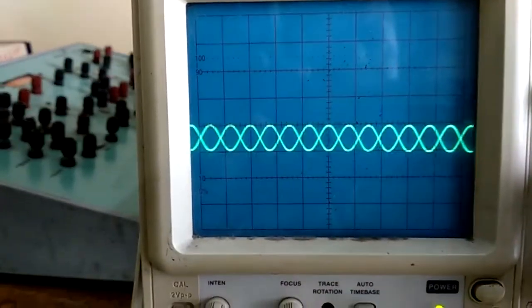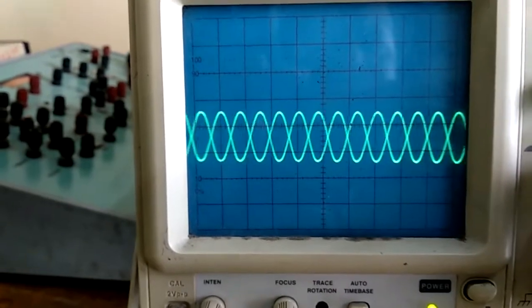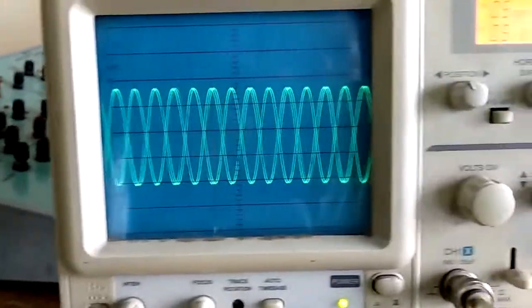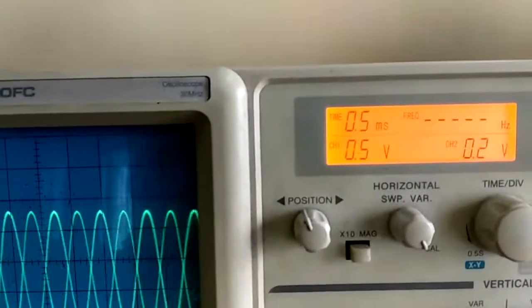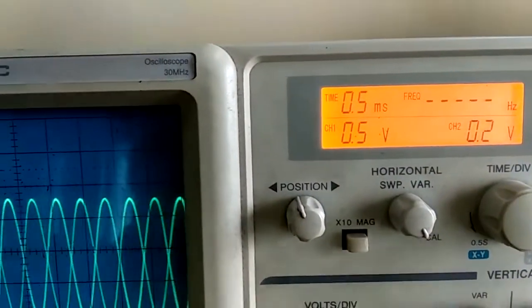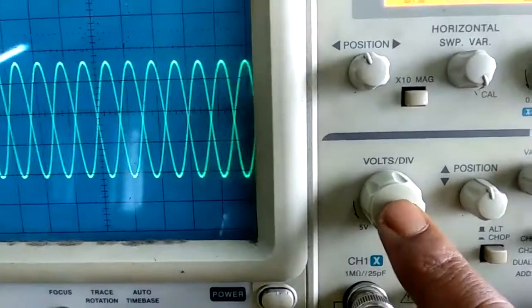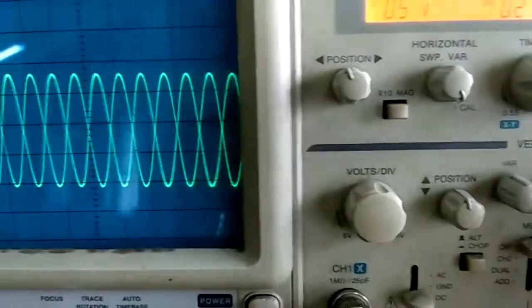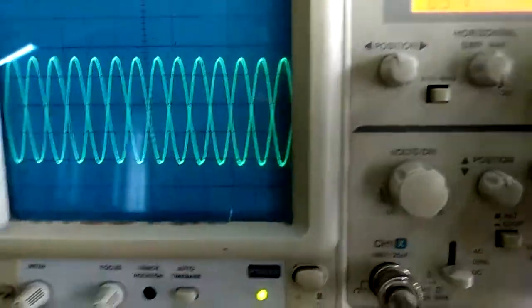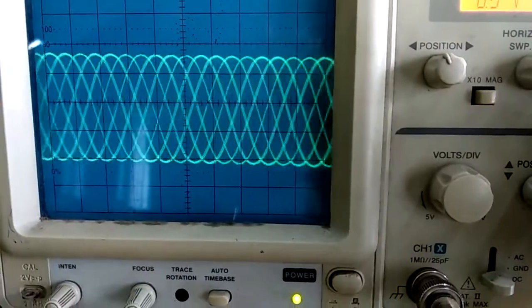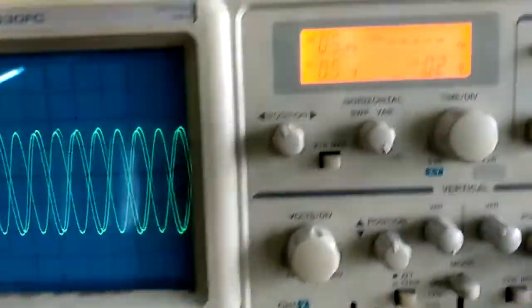First you have to scale your vertical volts per division switch to 0.5 volt per division, by this knob, volt per division, and then you have to trigger.